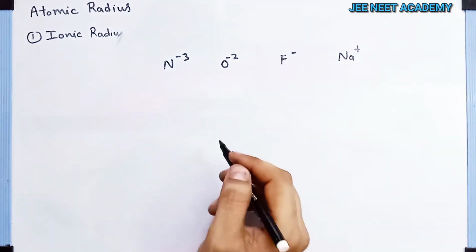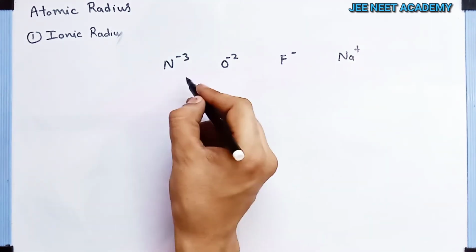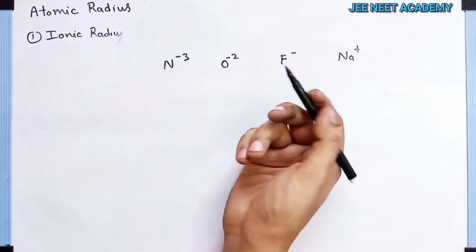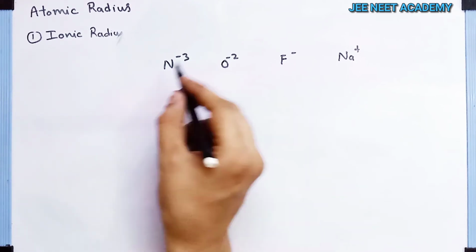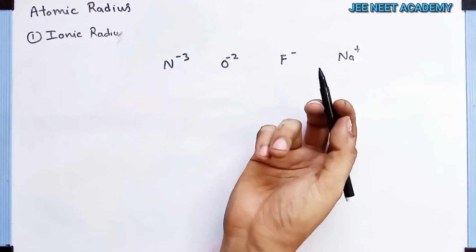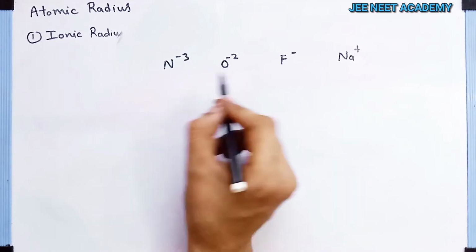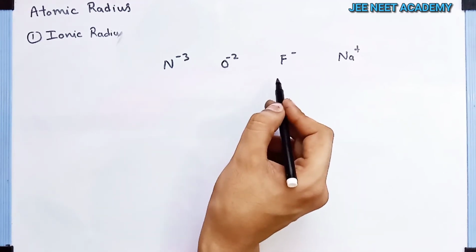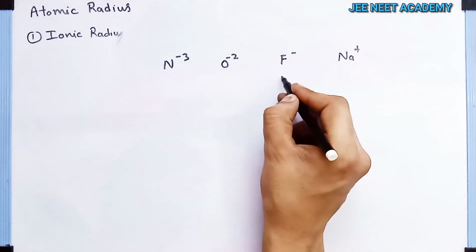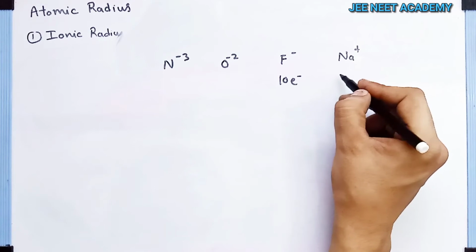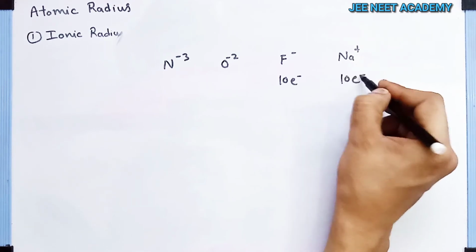Here all the ions are having the same number of electrons if you count. Fluorine F minus is having 10 electrons. Sodium Na plus is having 10 electrons.